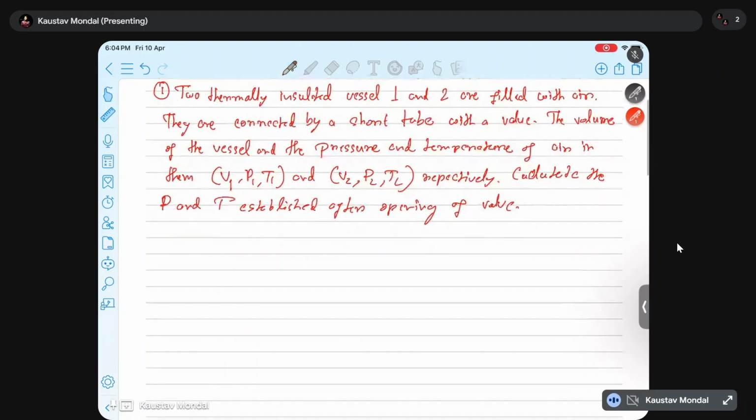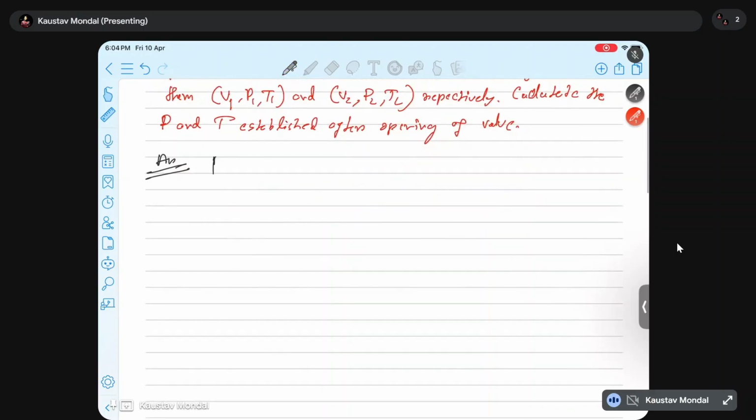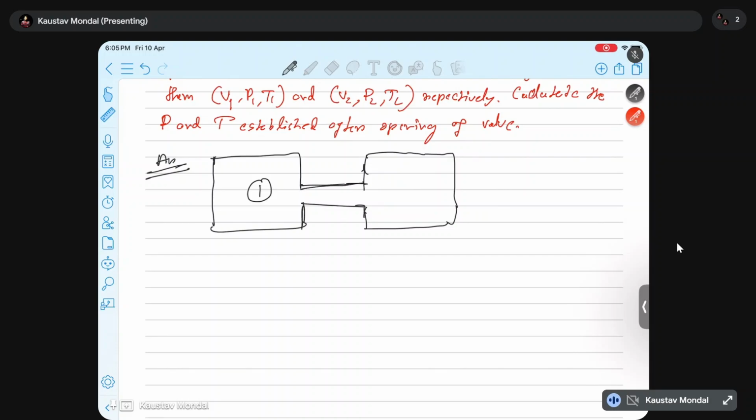So the problem looks like this. Initially these are the two vessels. This is vessel one and this is vessel two. The two vessels are connected by a valve. Okay. And initially the valve is shut.